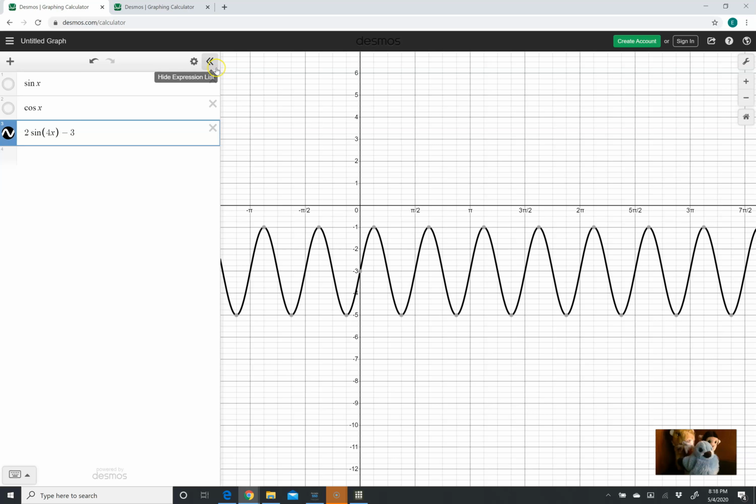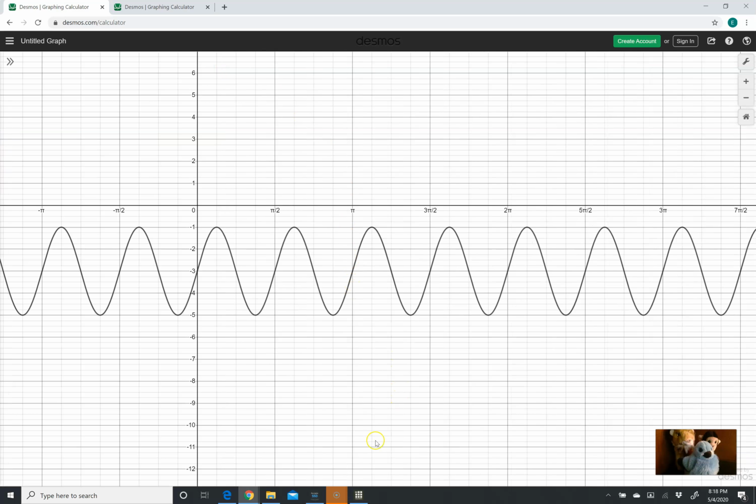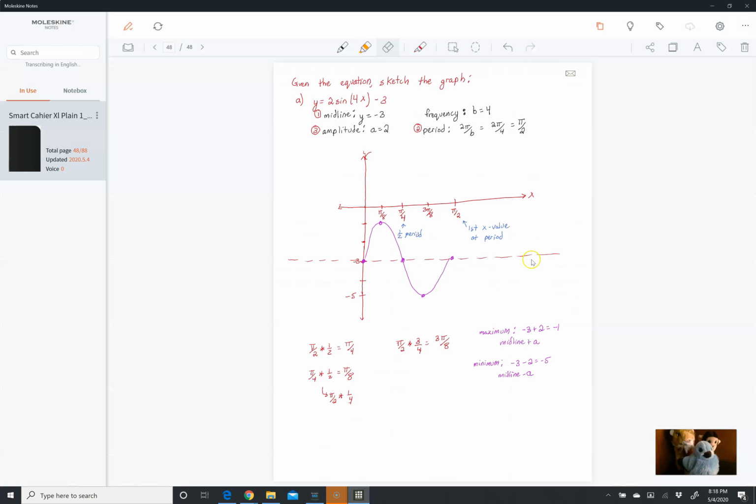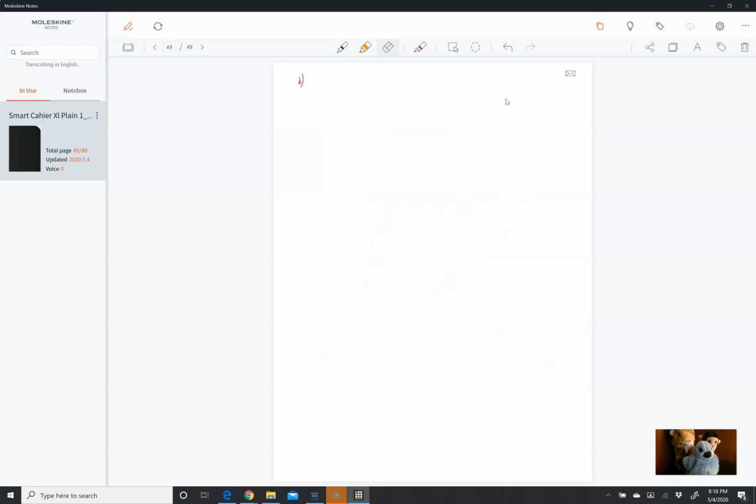Let's do another one. This time I won't mess it up. Let's say that we have y equals 3 cosine 1/2 x plus 1.